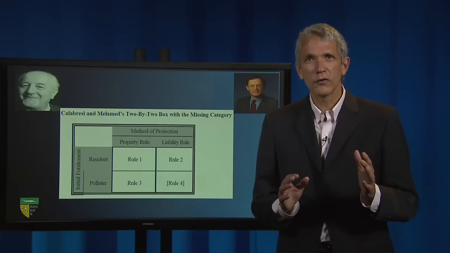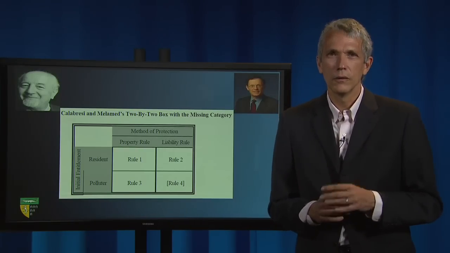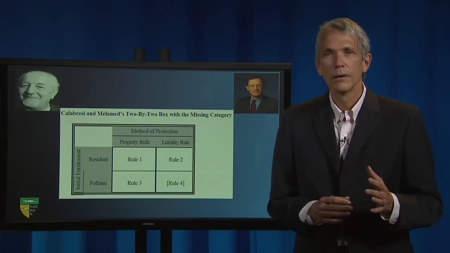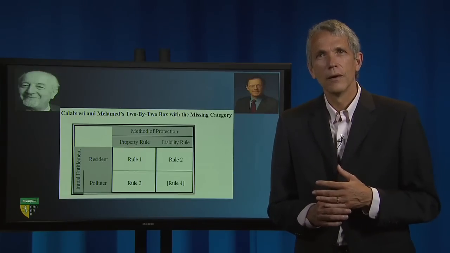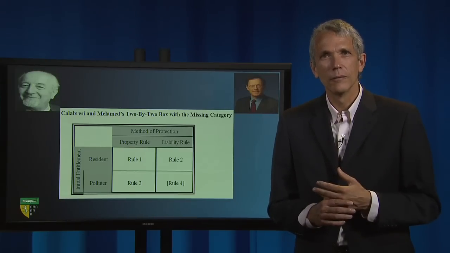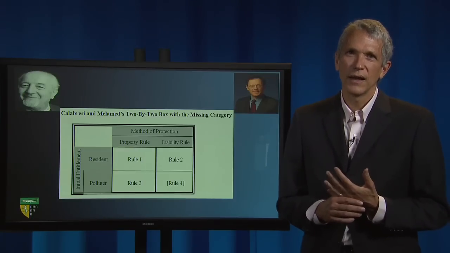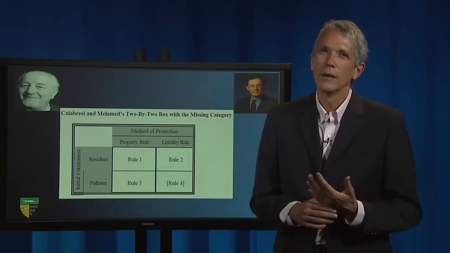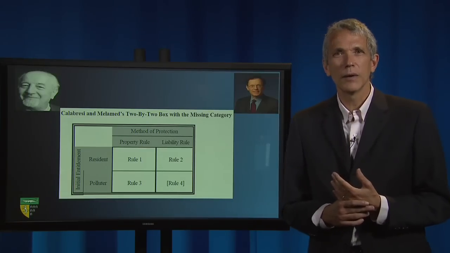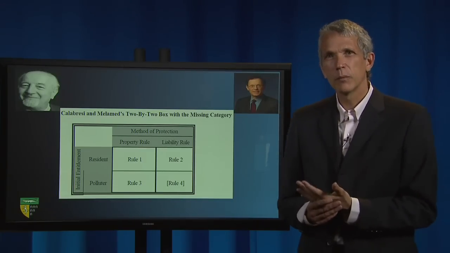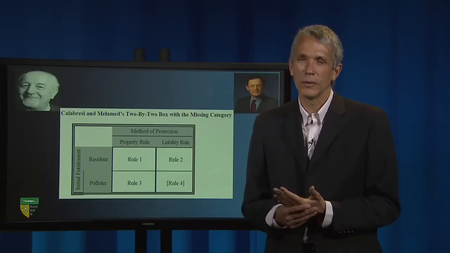"In our terminology, rules 1 and 2, nuisance with injunction and with damages only, are entitlements to Marshall. The first is an entitlement to be free from pollution and is protected by a property rule. The second is also an entitlement to be free from pollution, but is protected only by a liability rule."